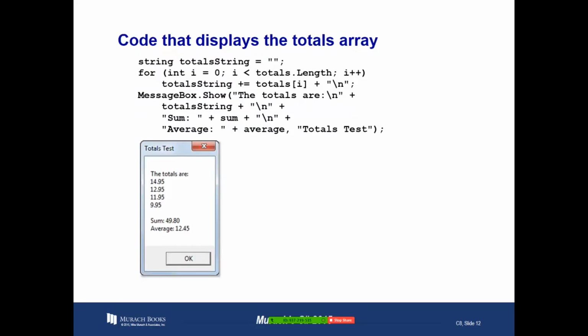And here's a nice little program that displays the totals array. So we define a string that we're going to display out right here. And so we're going to write into the string the totals value.